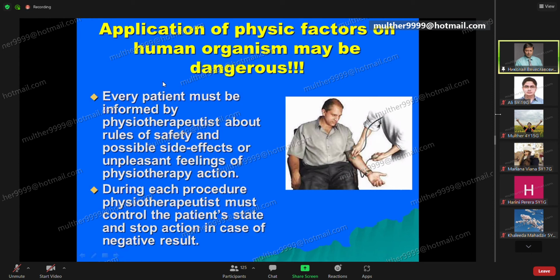And during each procedure, the physiotherapist should control the patient's state and stop the action in case of negative results of the procedure. For example, burning effect of electric current or very severe hyperemia under ultraviolet or infrared action.